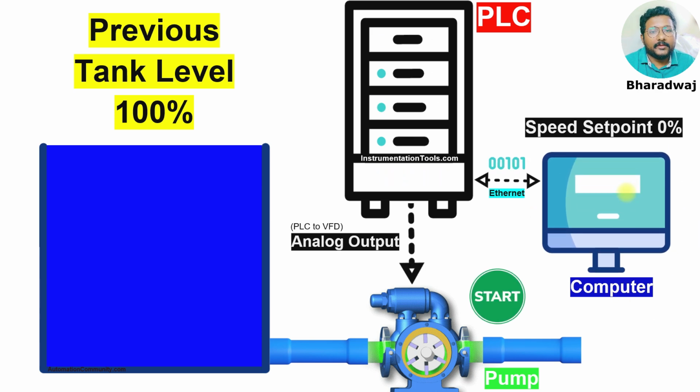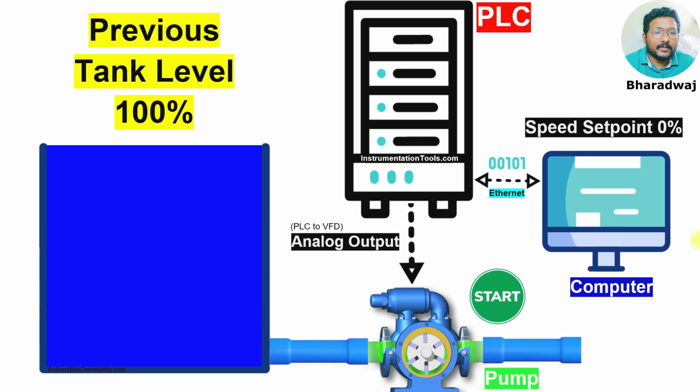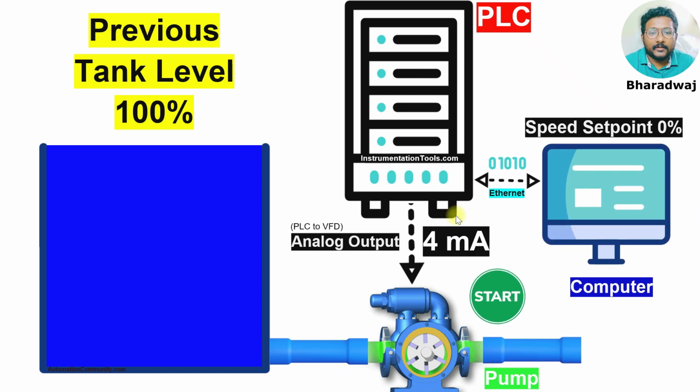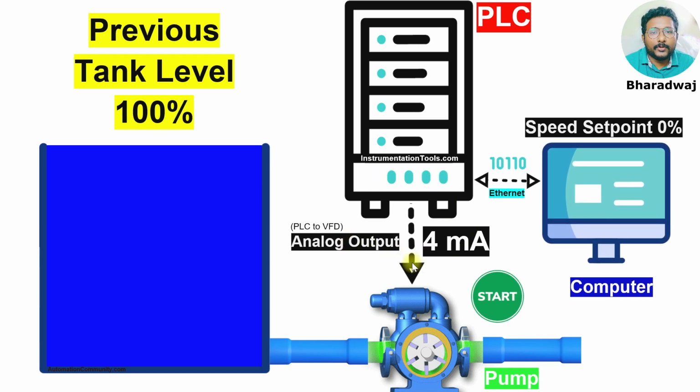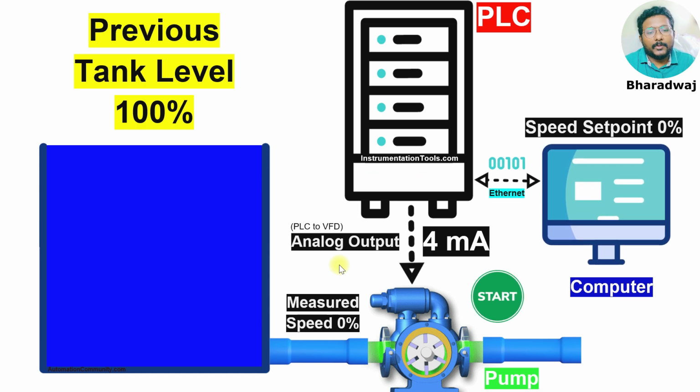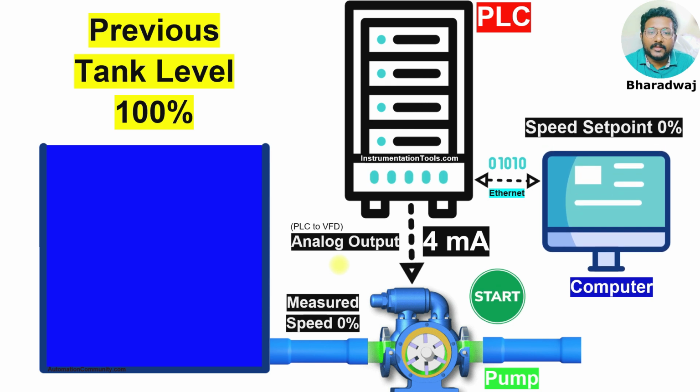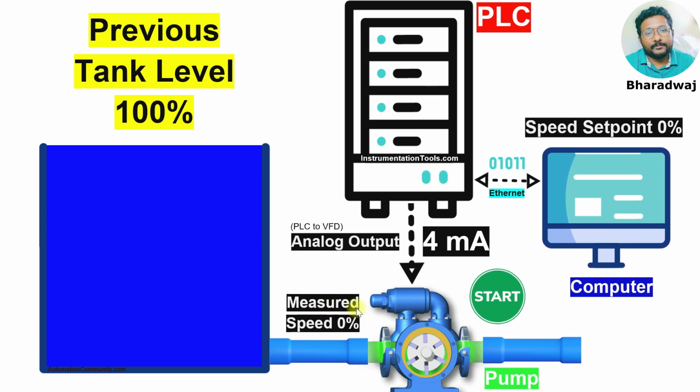Let's say the operator entered set point 0%. Then the PLC sends 4 milliamp analog output to the pump. Then the pump is started, but it will not rotate because it is still 4 milliamp only. That is why the measured speed is 0%.